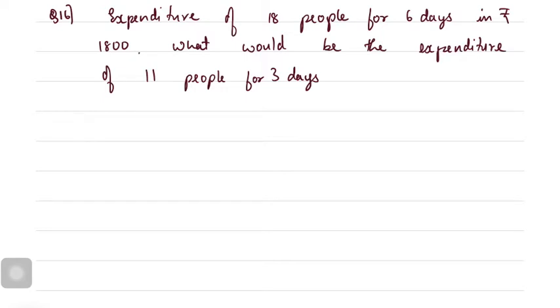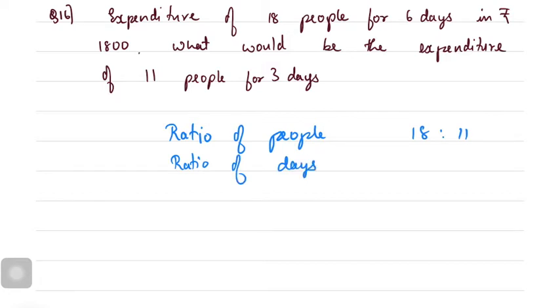Expenditure of 18 people for 6 days is rupees 1800. What would be the expenditure of 11 people for 3 days? Same question. If number of days are more or number of people are more, the expenditure will be more. So this is also a question of direct proportion, right? So yeah, ratio of people. So ratio of people is 18 people and 11 people. So 18 is to 11. Ratio of days.